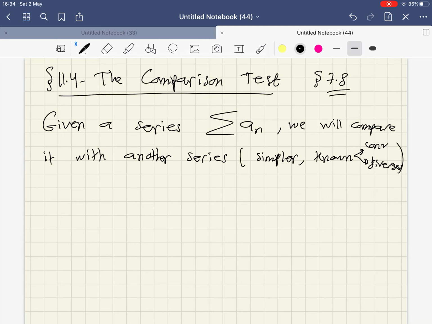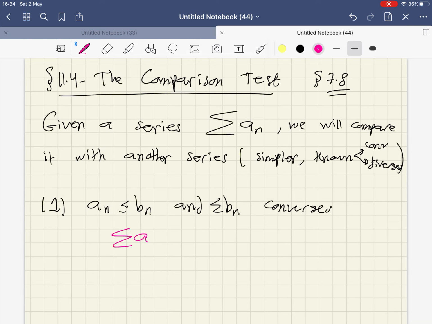Based on the comparison, we have these two rules. The first rule: if a_n is less than b_n and the series of b_n converges, so if the big one converges, the small one converges. That's if we are lucky and we find a series which is larger and converges, then the small one also converges.